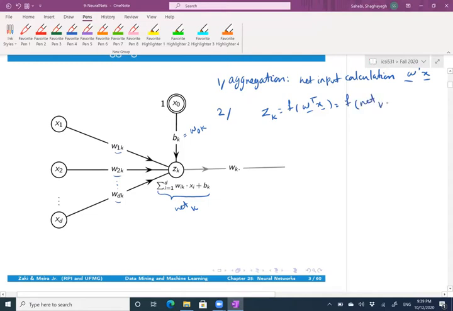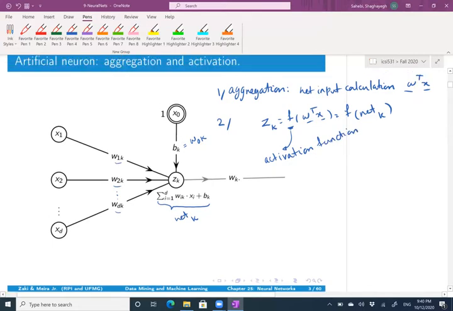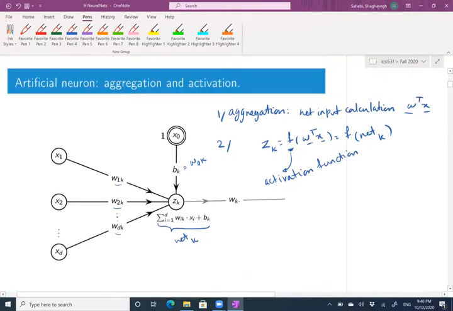So it's F of net K for us. Now, applying this function, we call this f the activation function. So basically we can say that in an artificial neuron, we have two things that are happening. First, aggregation, and then activation.